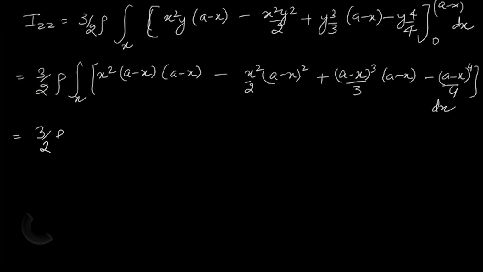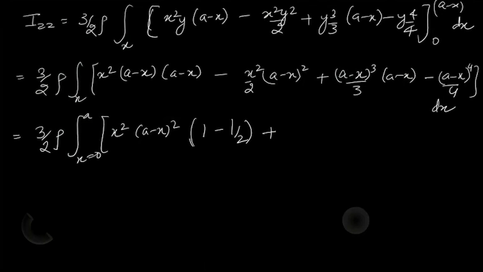So let's solve this. So 3 over 2 rho integral x from 0 to a. We can take x squared (a minus x) squared common from the first two terms, so we are left with 1 minus half, plus we can take (a minus x) whole to the power 4 common, and this is 1 over 3 minus 1 over 4.